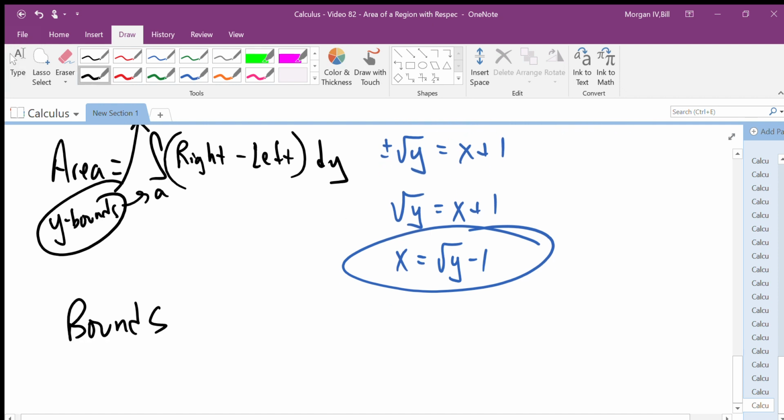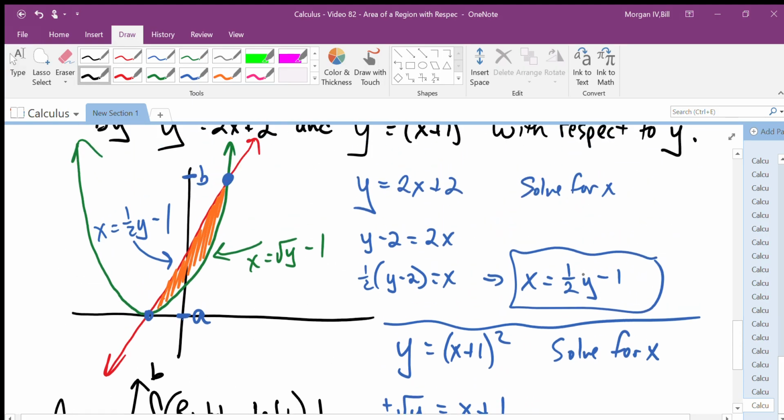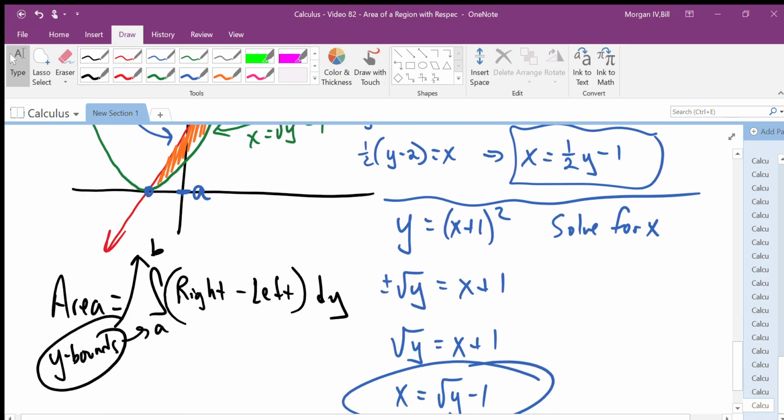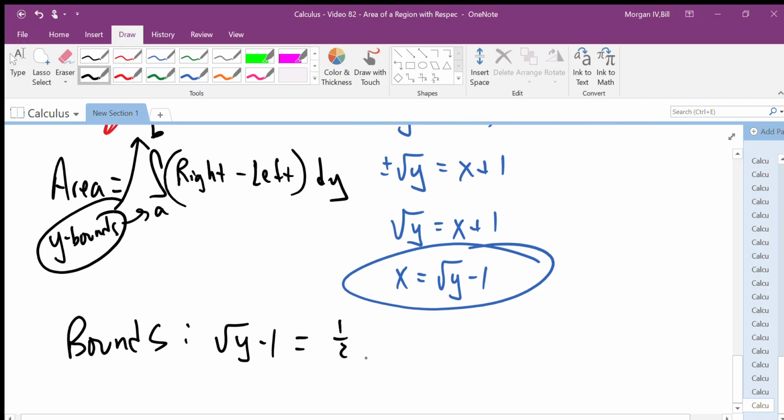I have this. My equations now are x equals square root of y minus 1. So I have root y minus 1 is going to be equal to 1/2 y minus 1. And if I add 1 to both sides, the 1's cancel, and I get root y equals 1/2 y.